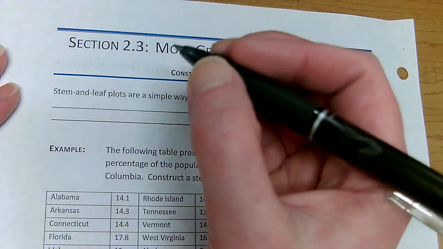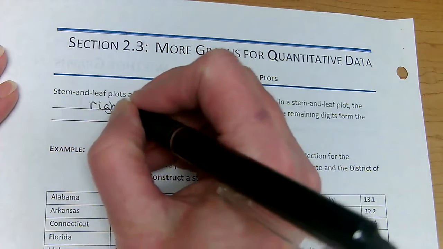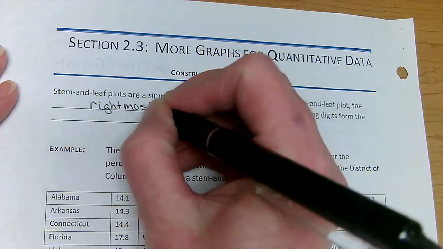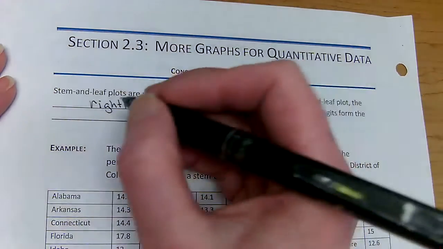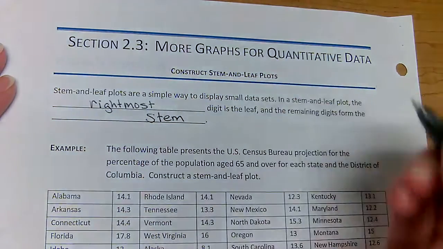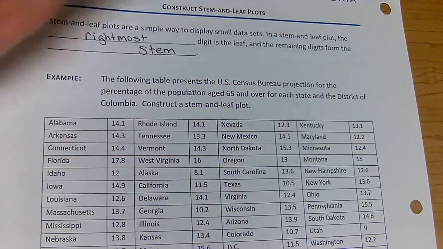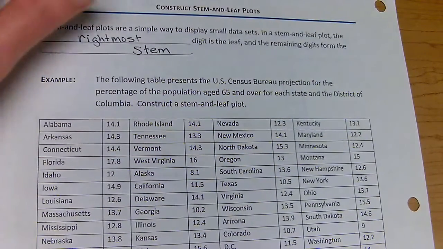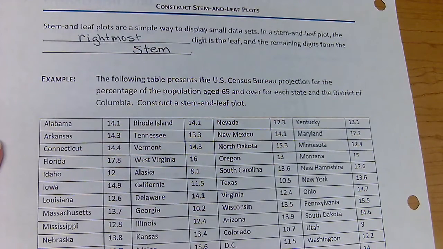In a stem leaf plot, the rightmost digit is the leaf, and the remaining digits form the stem. So here we have a table presenting the U.S. Census Bureau projection for the percentage of the population aged 65 and over for each state and the District of Columbia.